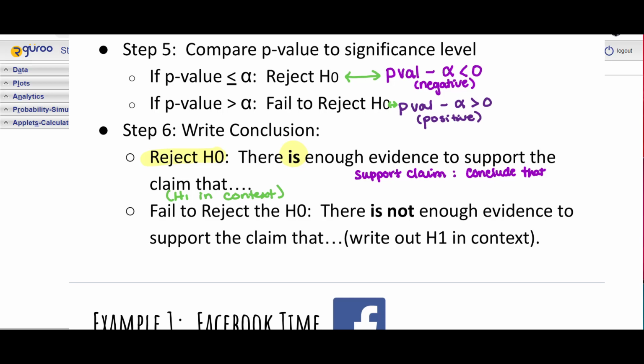Instead of saying there is enough evidence, you could say there's sufficient evidence. That's another way to say it. Instead of saying there is not, such as right here, there is not. So when you fail to reject, you say there is not enough evidence or there's insufficient evidence to support the claim that, and write H1 out in context. Or you could say there's not enough evidence to conclude H1, again in context.